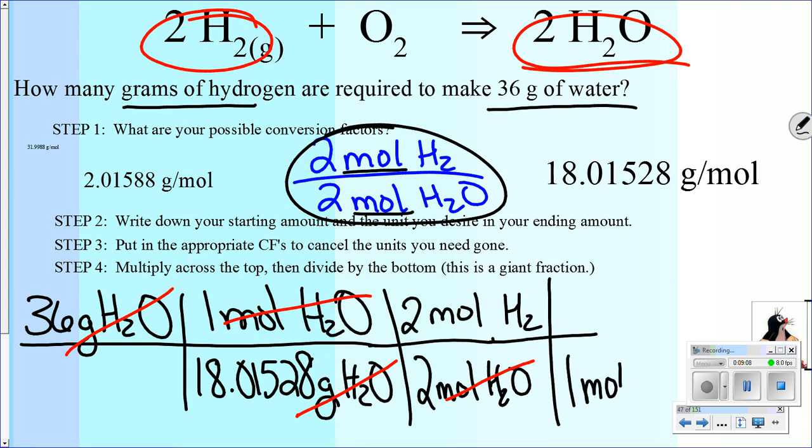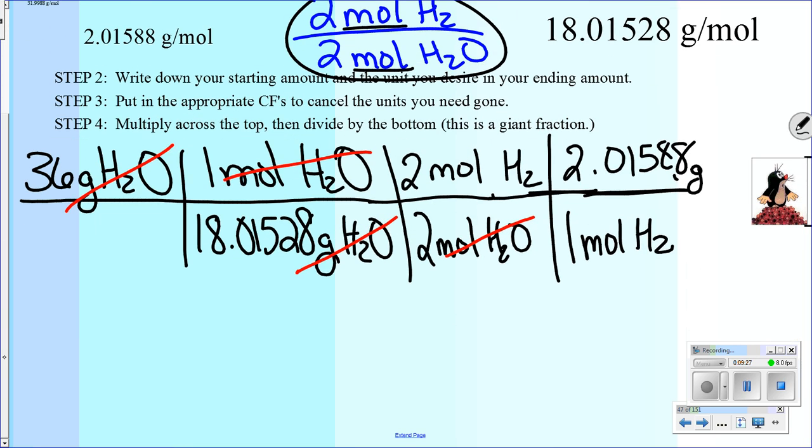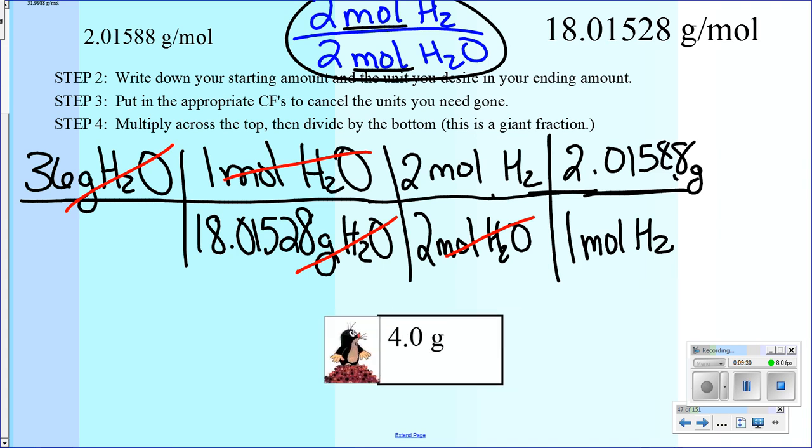Then, if we have 1 mole of H2, that is a mass of 2.01588 grams. Oops, sorry. Keep wanting to not make 8s correctly. So you're going to go ahead and multiply across the top and divide by the bottom. We're able to keep 2 sig figs, so you should have about 4 grams.